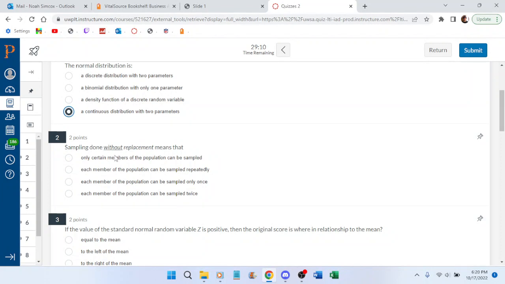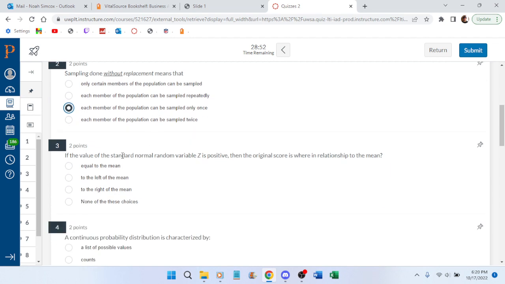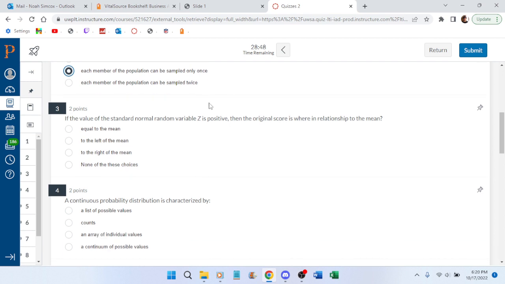Sampling done without replacement means that you can only sample each member of the population once. So if the value of the standard normal z is positive, then the original score.